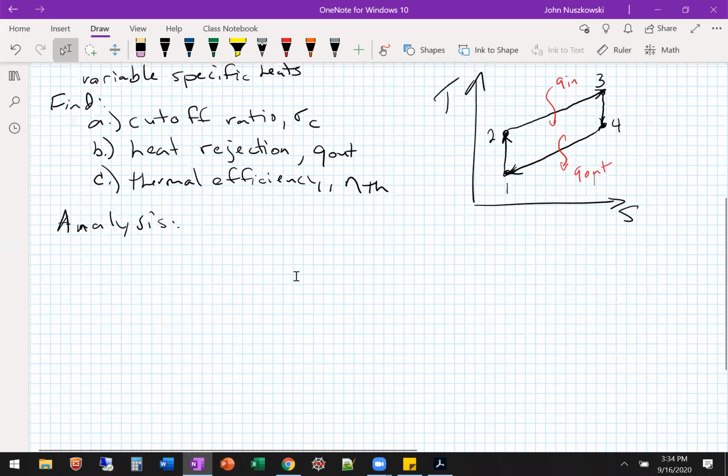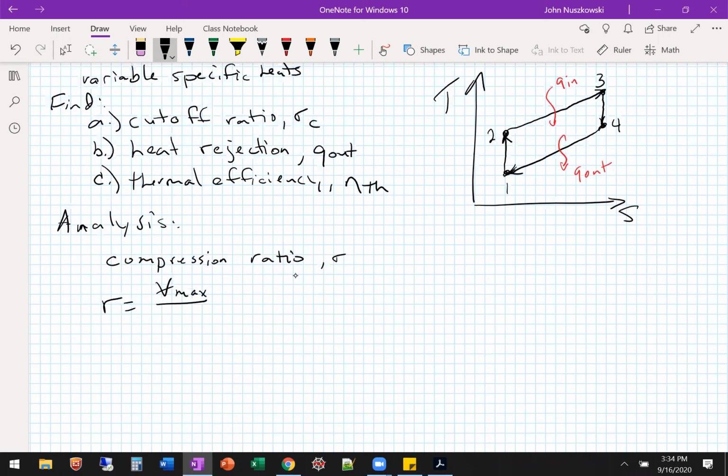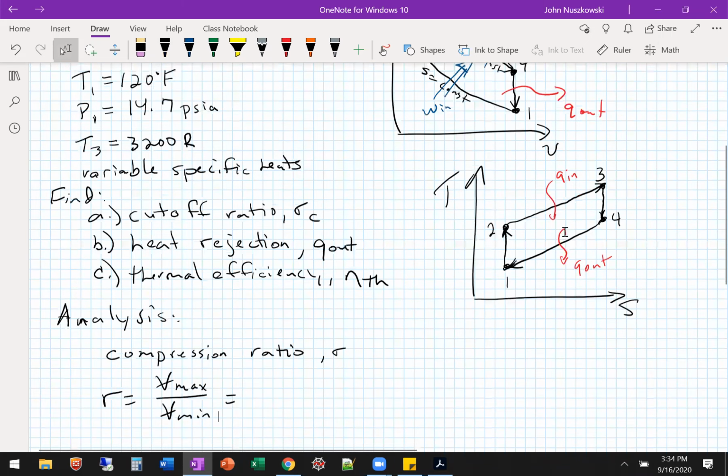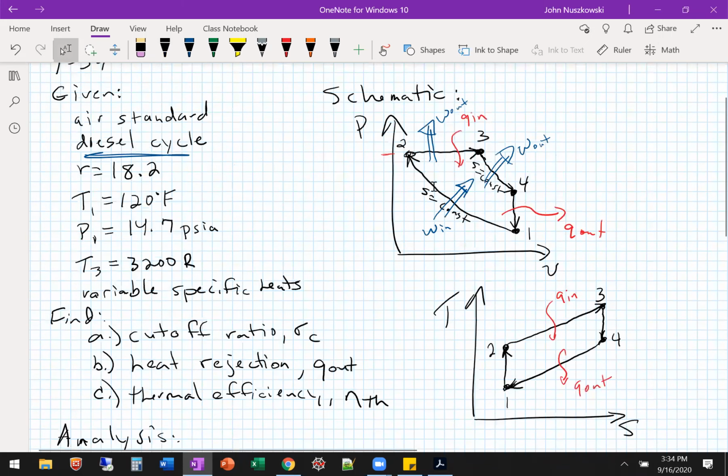So part A is the cutoff ratio, right? We'll start off with the compression ratio, right? That's just r. r is max volume over min volume, which in this case, the max volume is at 1 and 4, which are the same volume, and the min is at 2, right?